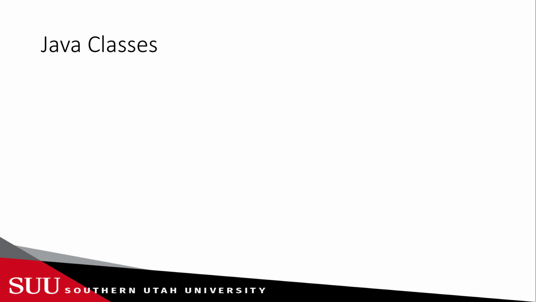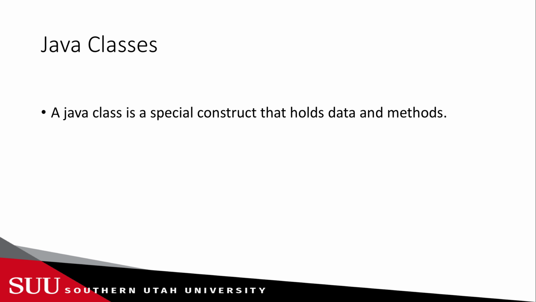We have seen Java classes before, and a Java class is a special construct that holds data and methods. We have used some precompiled classes that are included with the Java library, such as String. And yes, String is a class, it's not a data type. We also have seen Scanner, where we used it to get the user's input.